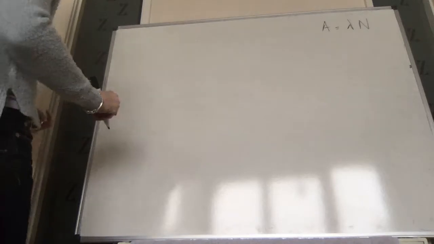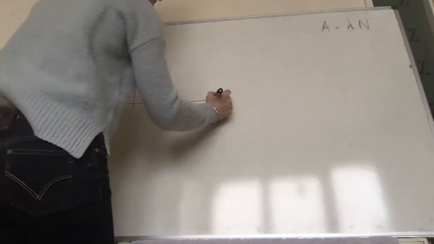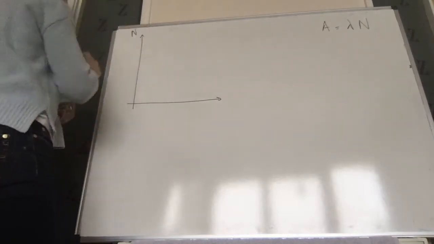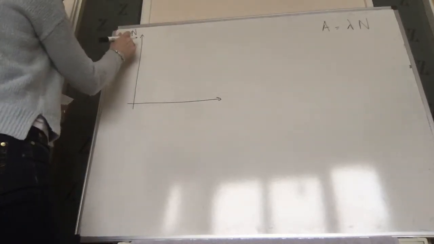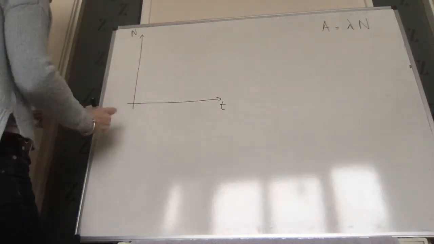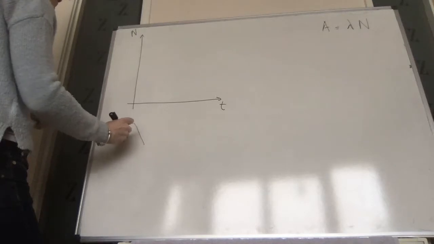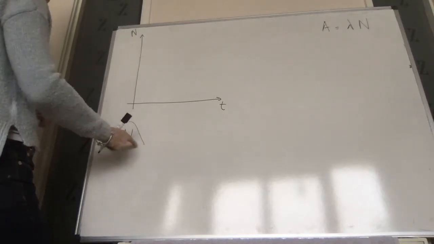If you have a look at the number of atoms in a material over time in seconds, we have a lump of material that initially has N0 undecayed atoms.